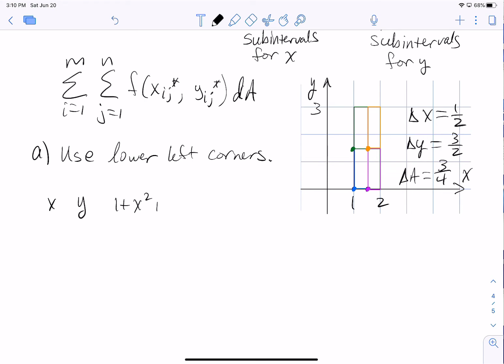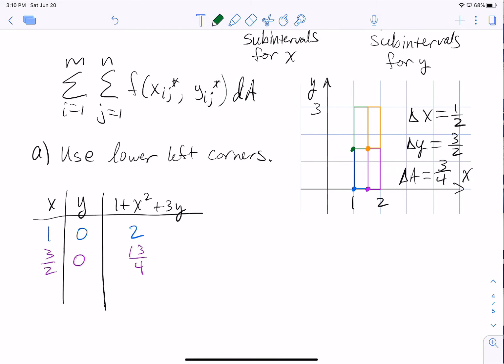So I'm going to set up a table here that has as inputs x and y and as outputs 1 plus x squared plus 3y, the function that we're working with. The point (1, 0) maps to 2. The point (3/2, 0) maps to 13/4. (1, 3/2) maps to 13/2.